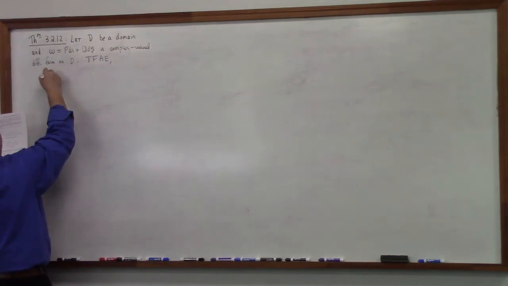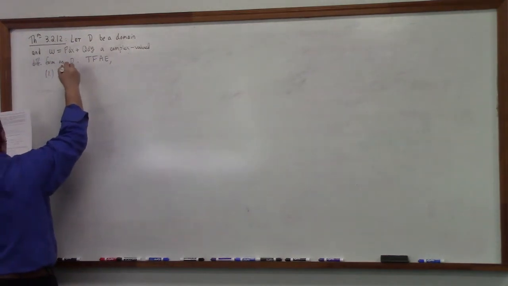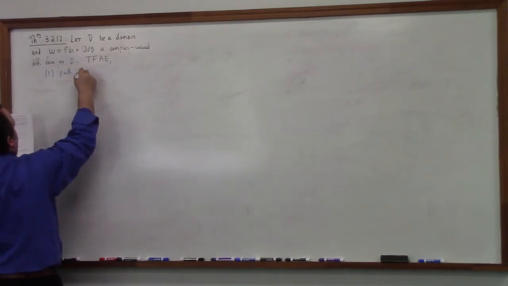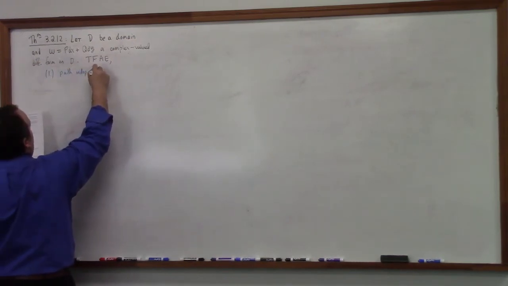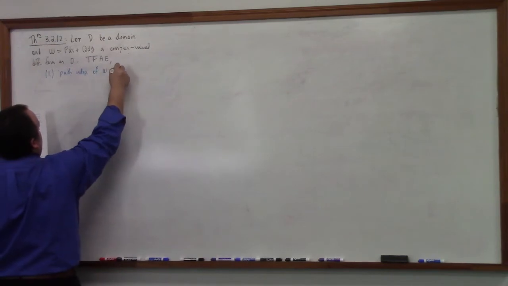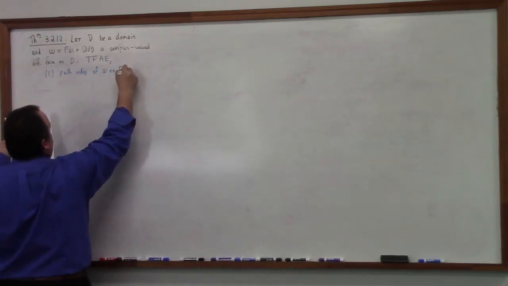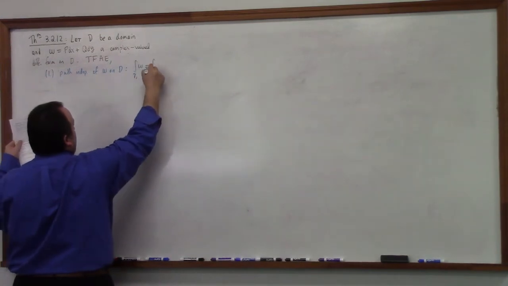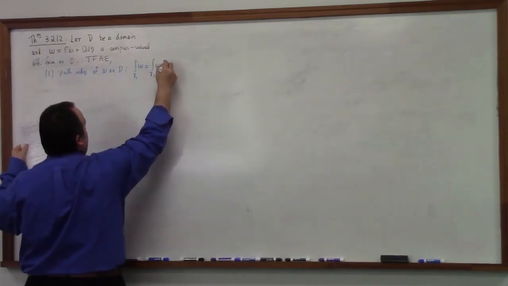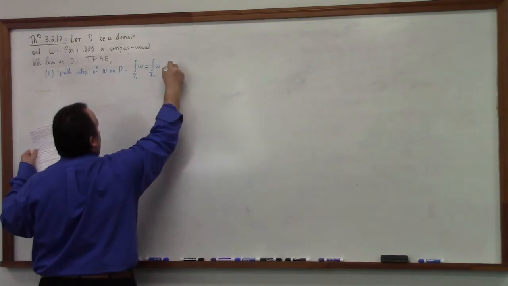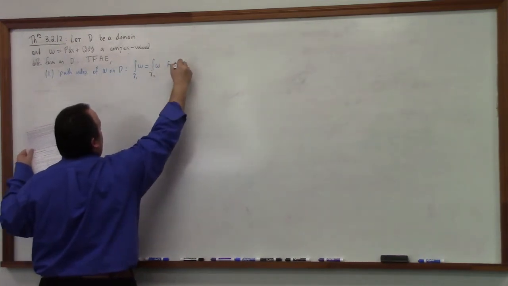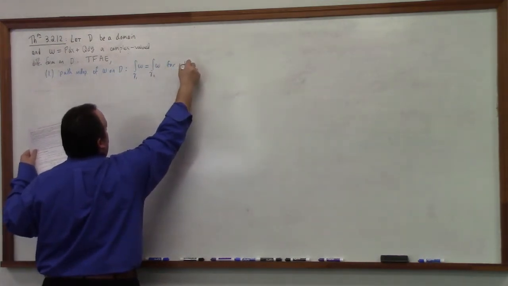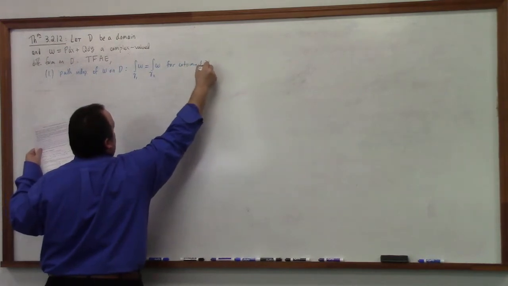Number one, path independence of omega on D, meaning that the integral over gamma 1 of omega is equal to the integral over gamma 2 of omega for, let's say, coterminal gamma 1 and gamma 2.